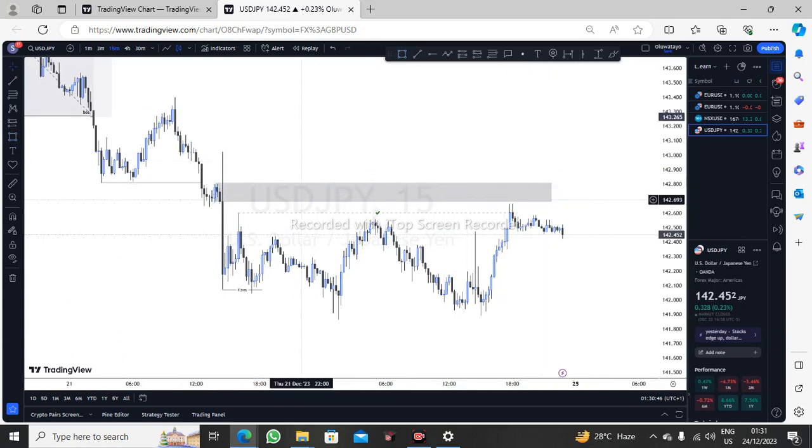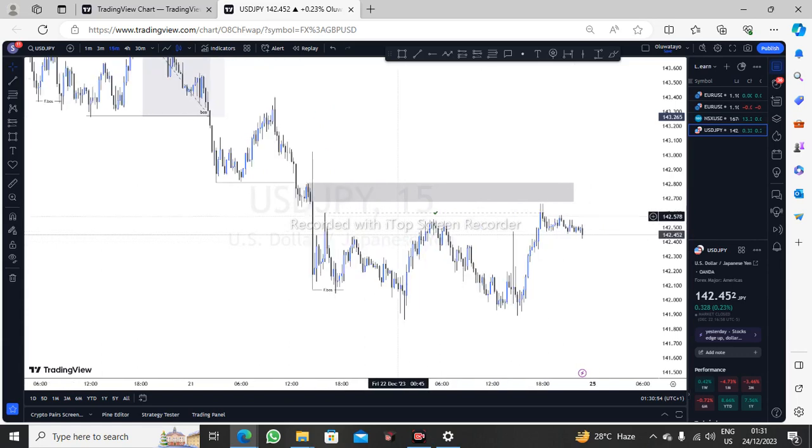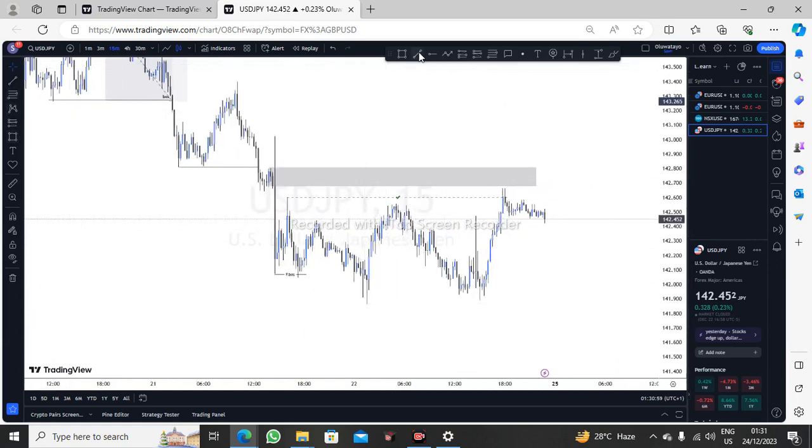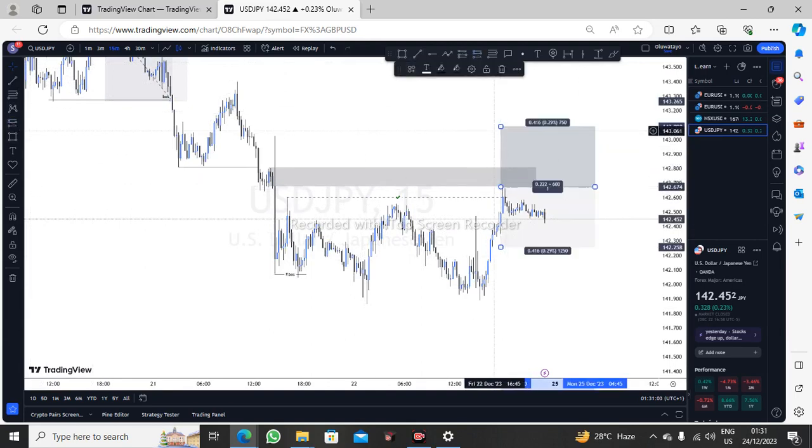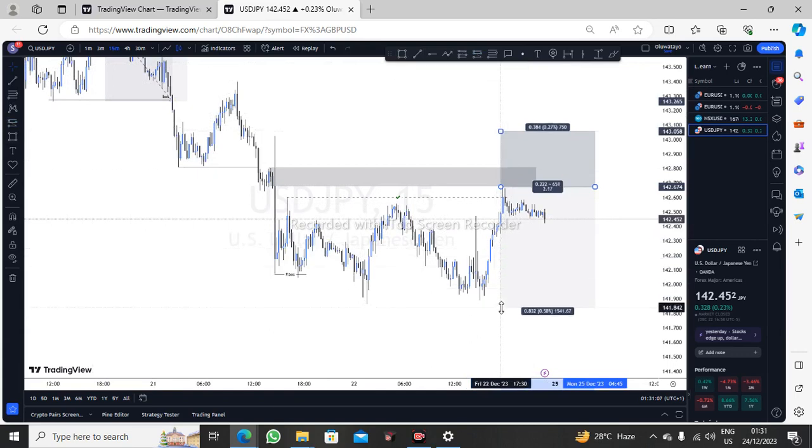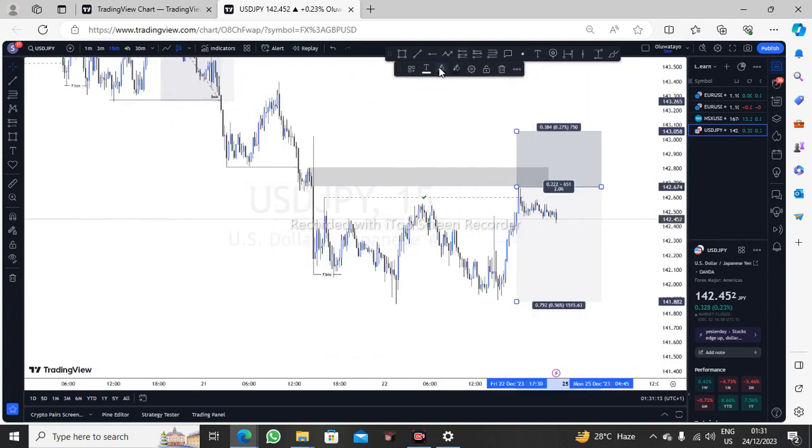This was the other block, although it looks like price failed it, but obviously that is the other block in that range. So I expect price to use this after clearing liquidity. So what do I do? I just wait for my setup to play out by taking this, protecting that low, and we expect price to run to the next low.